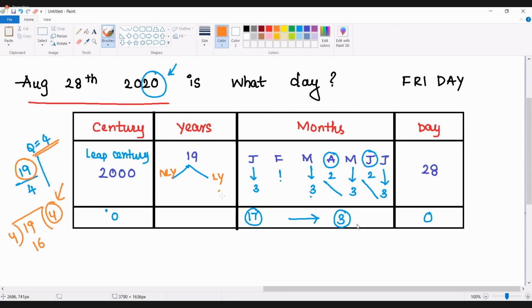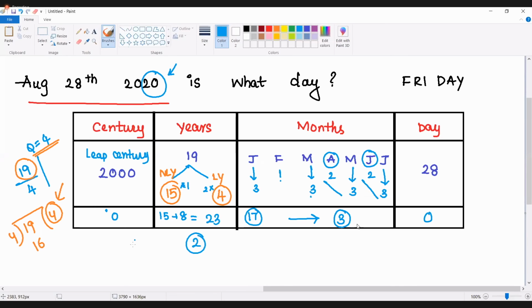Leap years are 4. 19 minus 4 is how much? 15. That indicates non-leap years. Non-leap year will have 1 odd day, that is the reason 15 into 1 is 15. Leap year will have 2 odd days, 4 into 2 is going to be 8. 15 plus 8 is 23. What is the number of odd days in 23 days? We can say that the number of odd days is going to be 2.